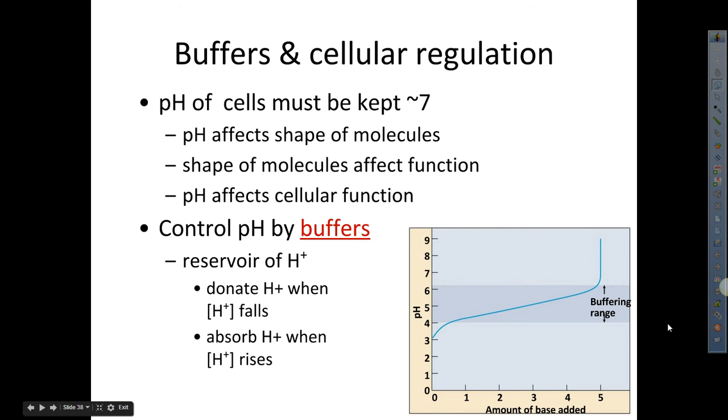The environmental impact of pH: we've seen different things. When I was a kid, the big scare was acid rain, acid precipitation. Basically, this happens whenever carbon dioxide is mixed into water.